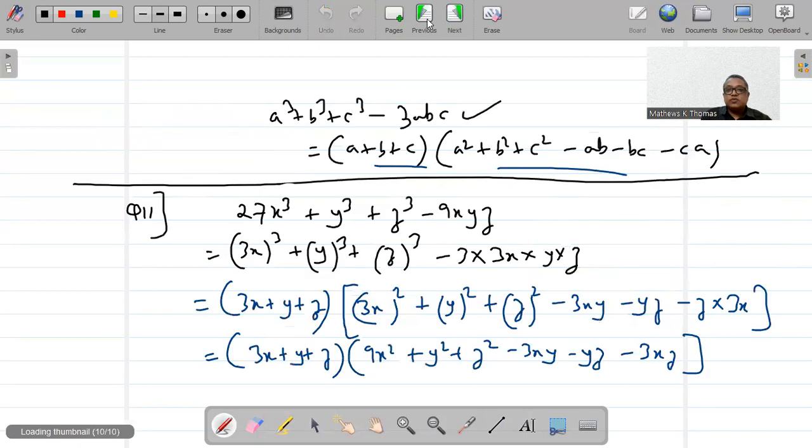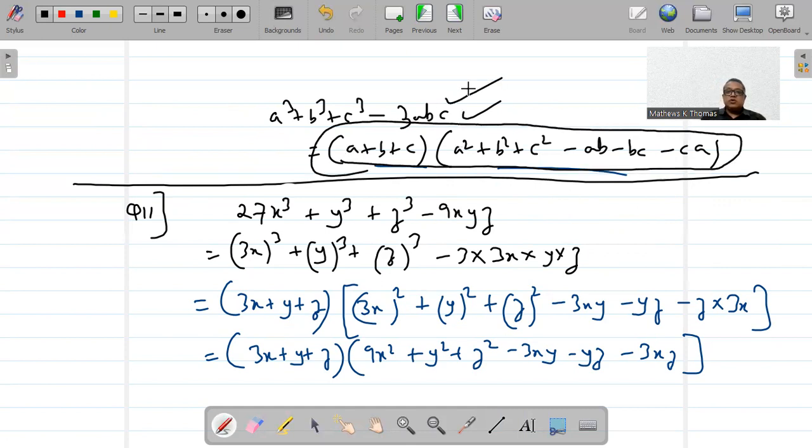What was that formula which we discussed? This one: a cube plus b cube plus c cube minus 3abc is (a plus b plus c) in one bracket, (a square plus b square plus c square minus ab minus bc minus ca). So if I'm getting this format, that means it is equivalent to this.